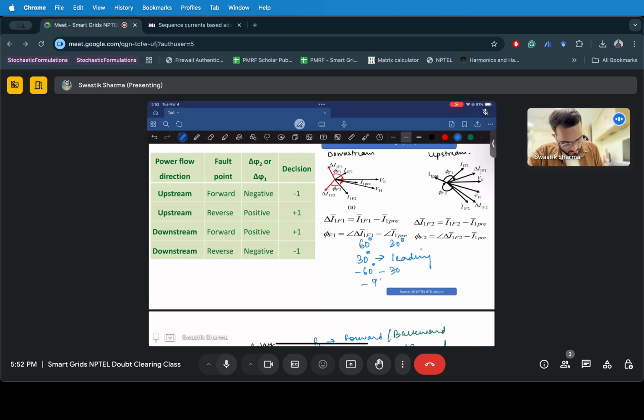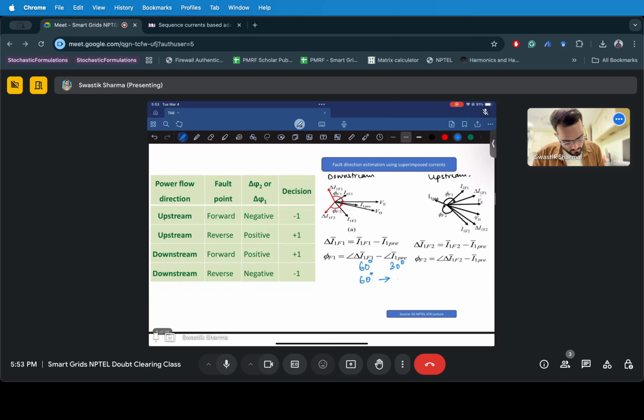So if it's positive, it lags, right? And if it is lagging, you say okay, that means the fault is in front of you. Okay. So I was correct the first time.